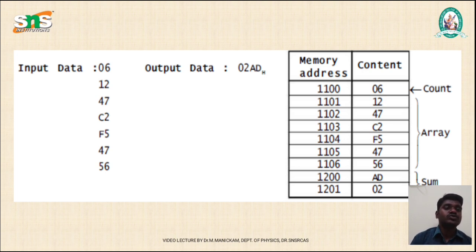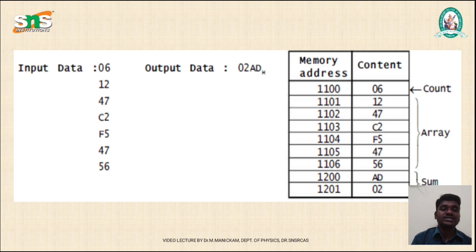These input values are stored in particular memory addresses: 1100 holds 06 as the count, and the remaining values are stored continuously in 1101, 1102, up to 1106. After the execution, the added data is stored in address 1200.